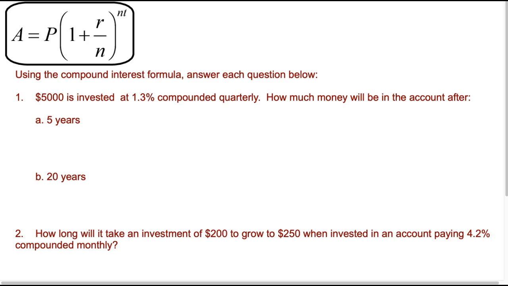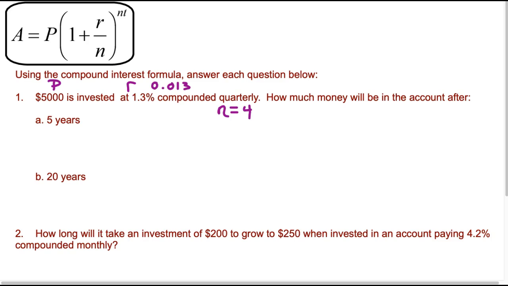So here we go. We have $5,000 invested at 1.3%, compounded quarterly. How much money will be in the account after 5 years and 20 years? So compounded quarterly means that N is 4. $5,000 invested, that is the P. 1.3%, that's going to be the R, but it's going to be 0.013 because it has a decimal.